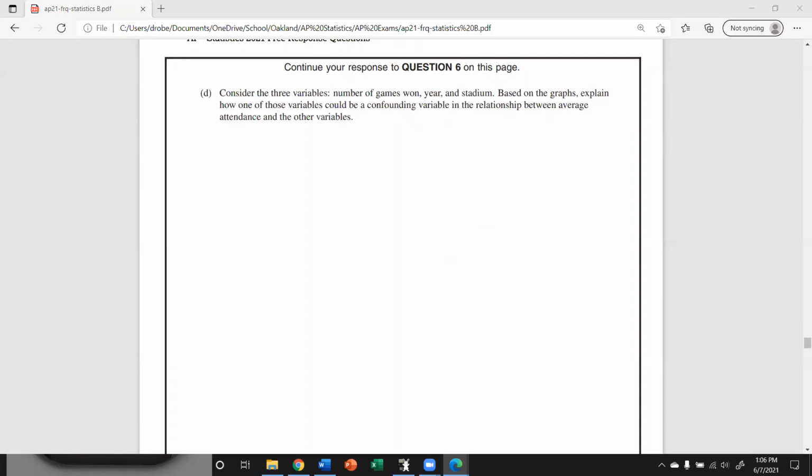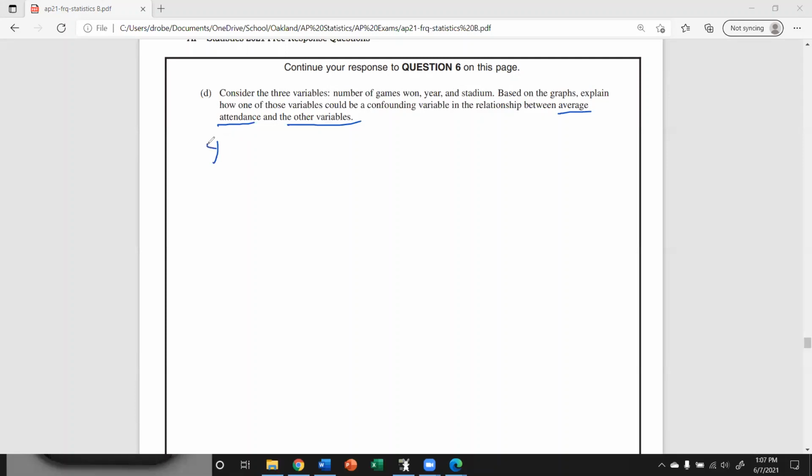Yeah, that's what we wanted with those two together, but where are we getting average attendance here? Oh, average attendance. Okay, there we go. Oh, okay. So I was getting confused because I wasn't reading on. I was just saying, how are these three variables? And it's between that and average attendance and the other variables. There we go. Okay.